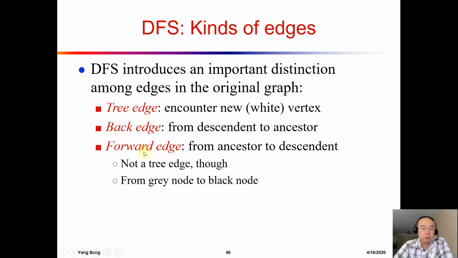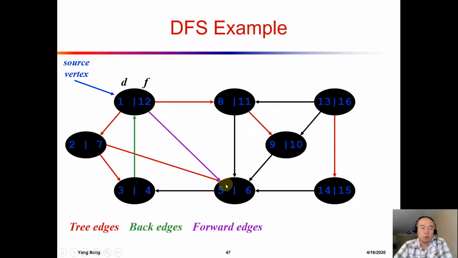And the next one, forward edge. A forward edge is an edge from ancestor to descendant, and they are not tree edges either. And usually they're from the green node to the black node. For example, this purple one. There is actually a path from 112 to 27 and then to 56, right?